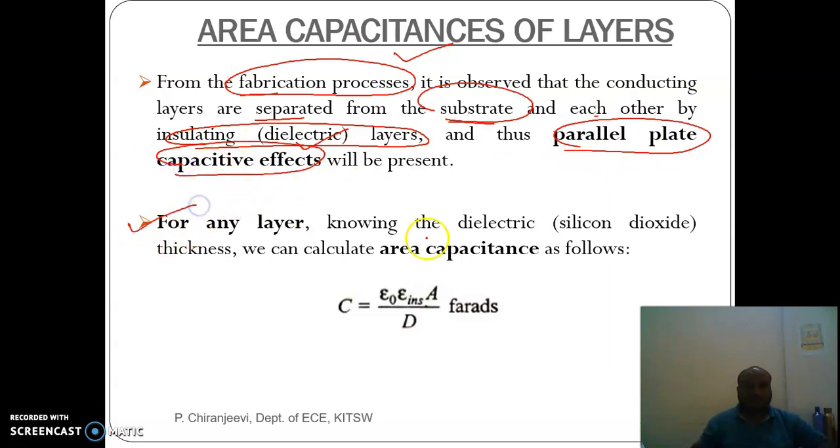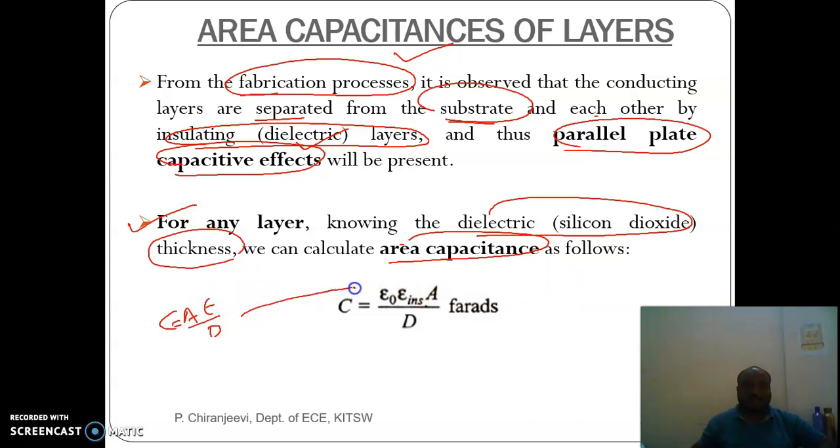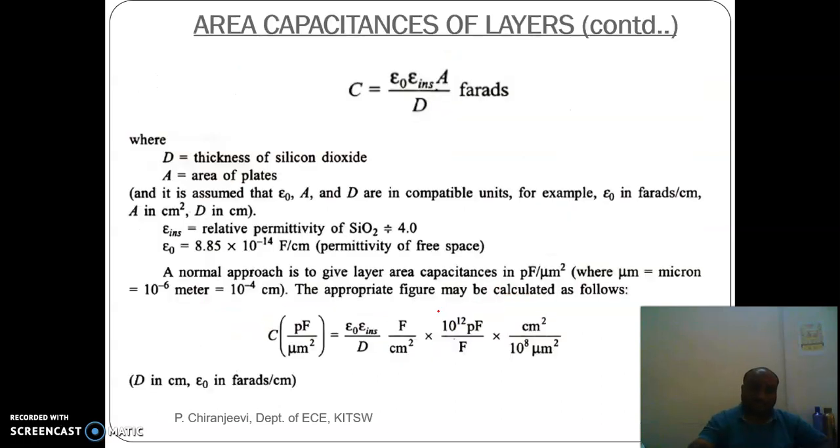For any layer, knowing the dielectric thickness, that is the silicon dioxide thickness, we can calculate area capacitance with the basic formula C equals A epsilon by D, which is elaborated as epsilon naught times epsilon insulator, times A, divided by D.